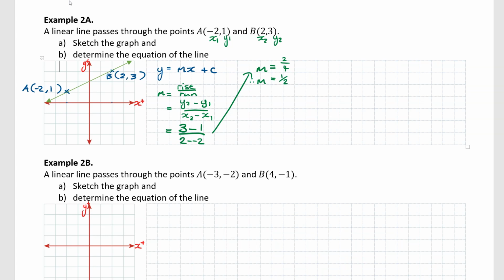So therefore our equation y equals mx plus c is going to be rewritten as y equals 1/2 x plus c.